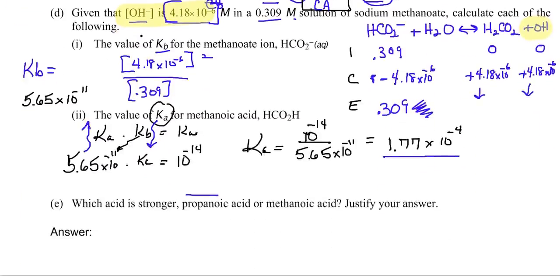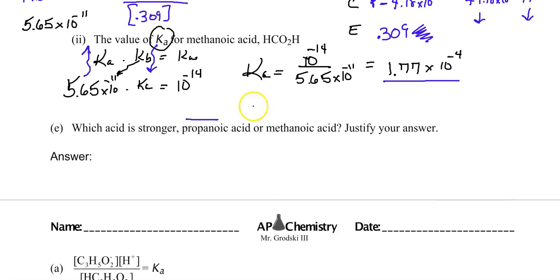Now, they don't do organic chemistry anymore, but they could have drawn these. So propanoic has 3 carbons. They would draw this out, and it would look like this. It's a carboxylic acid with 3 carbons. Methanoic acid, again, they would draw this out, and it would look like this.